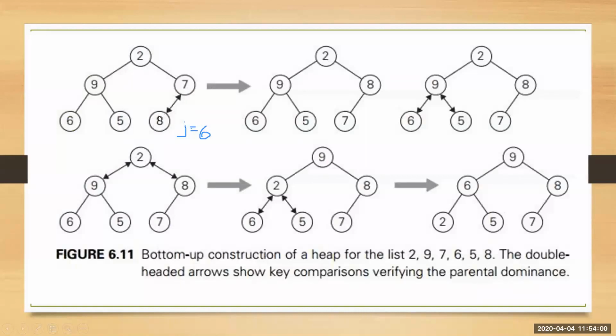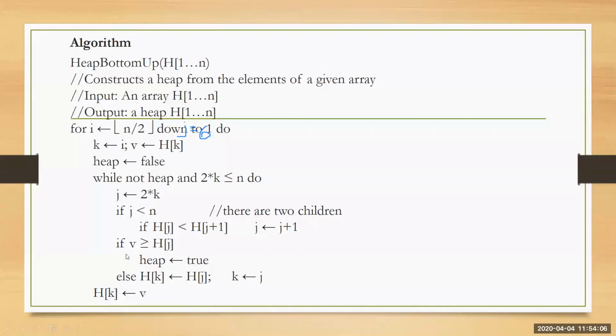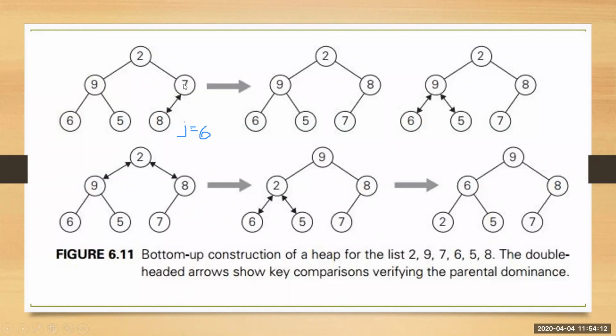You compare these two, whether the value v is greater than h of j. If the parent node itself is greater, then there is no need to check, because if the root is greater, then this particular subtree will be a heap.